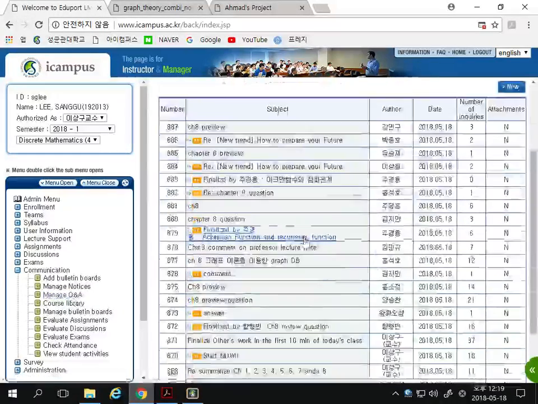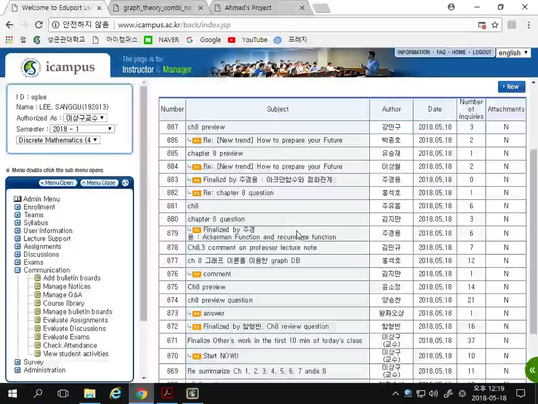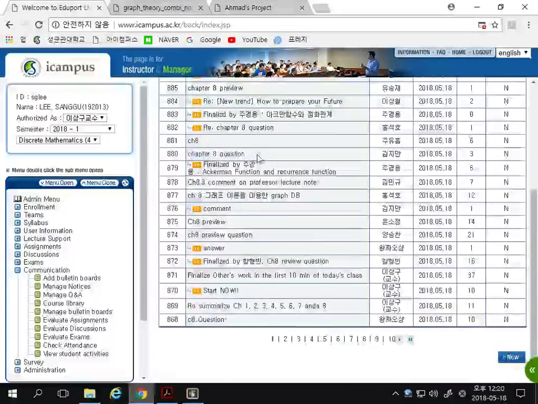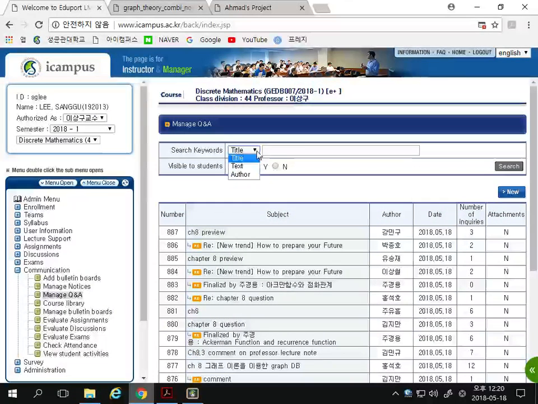I asked you to solve the problems and revise and finalize in iCampus, so you can discuss the concept that we are learning and find an answer of the problem in the textbook.